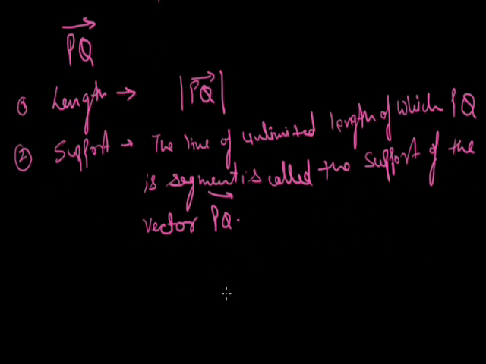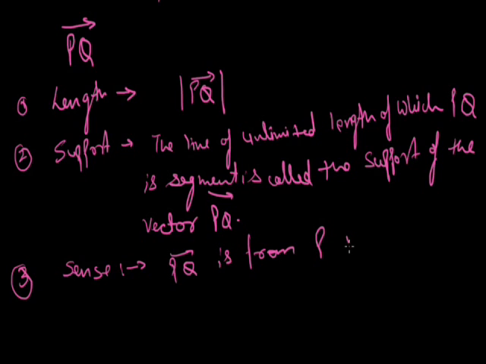The next is sense. The sense of vector PQ is from P to Q, and vector QP is from Q to P.